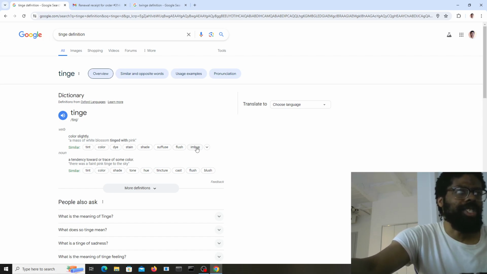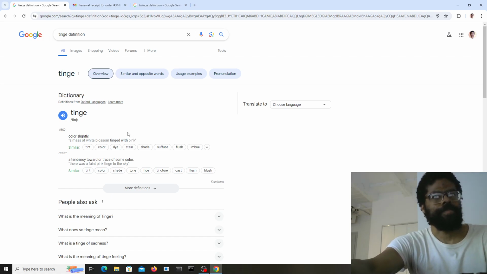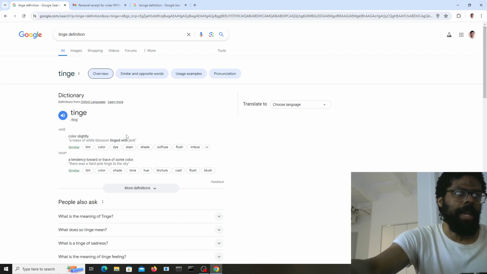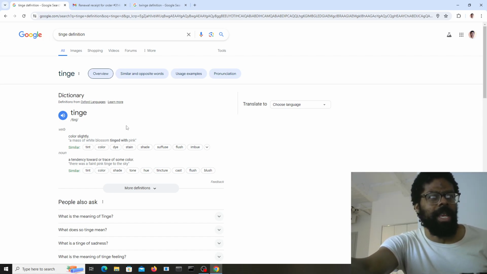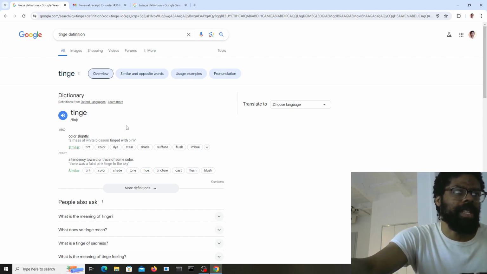Basically, this word is usually used as a disparaging term. For example, the most common example of when people use the word tinge is when they have rotten meat and it has that green discoloration.